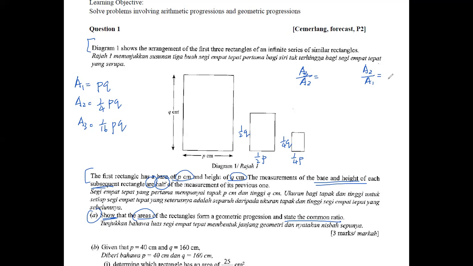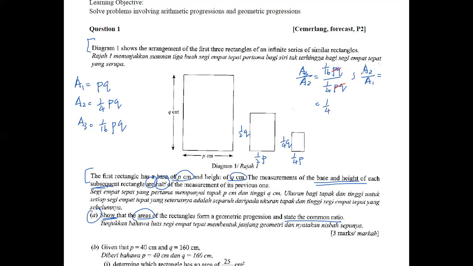So A3 divided by A2, we get 1/16 PQ divided by 1/4 PQ. PQ can be simplified already, and 1/16 divided by 1/4, you can use your calculator, you will get 1/4.